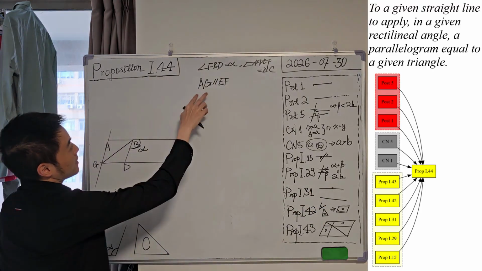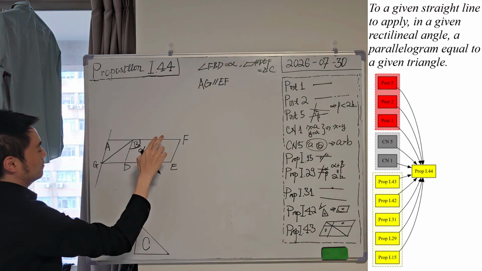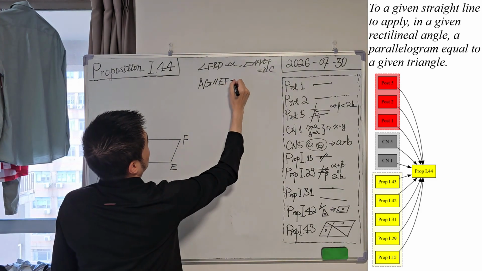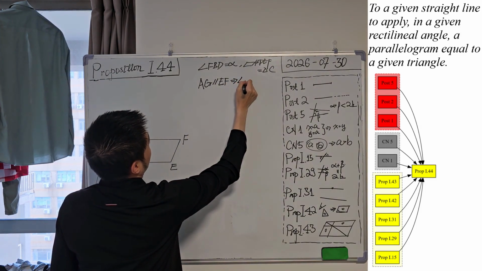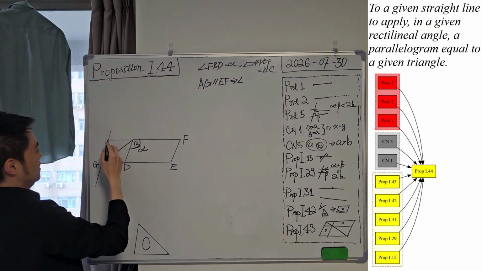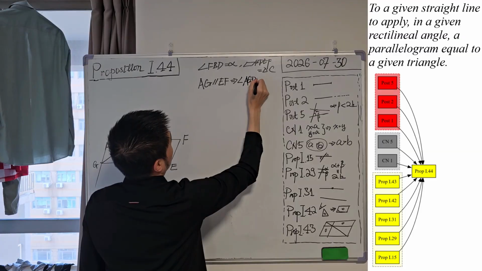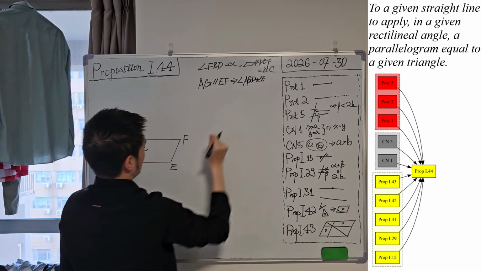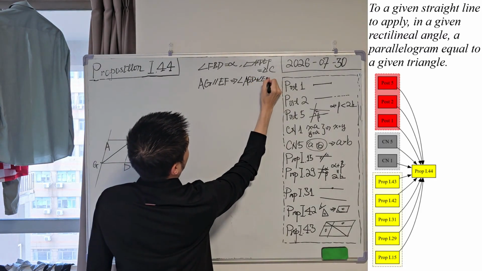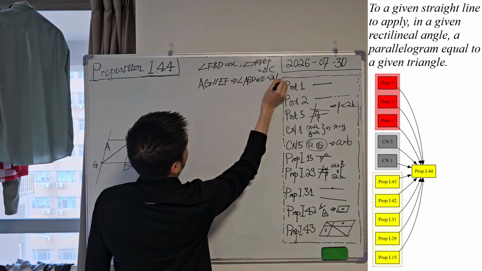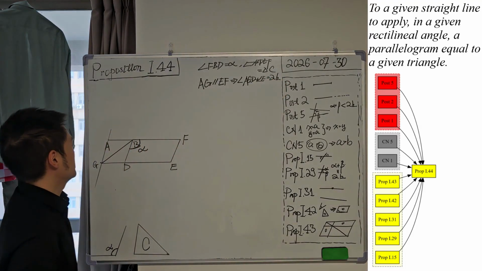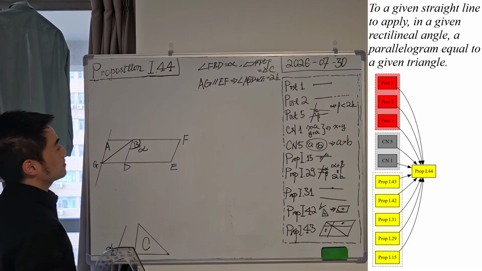So we know that AG is parallel to EF, so we can imply that angle AGD plus angle E will be equal to two right angles, right?